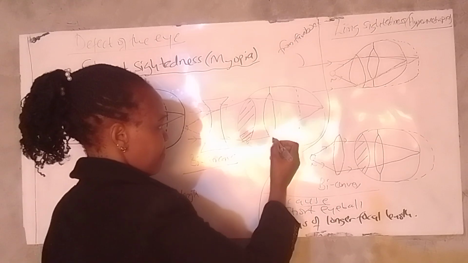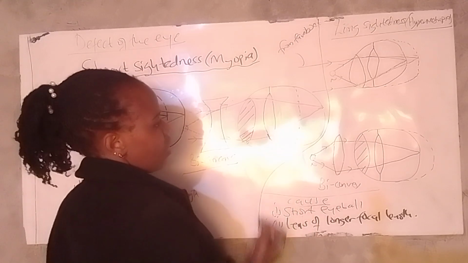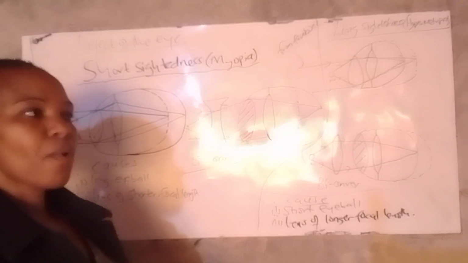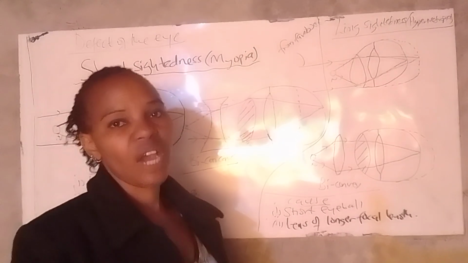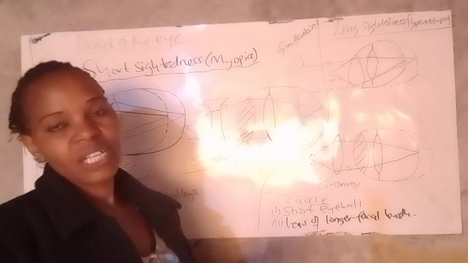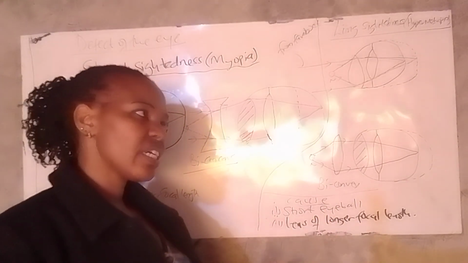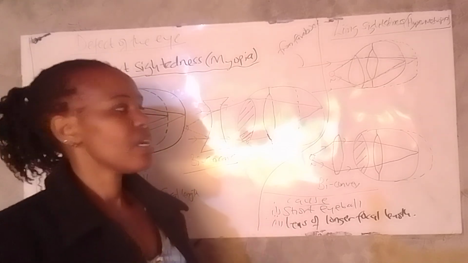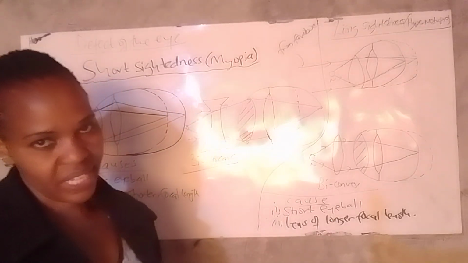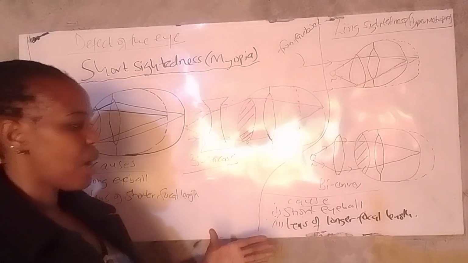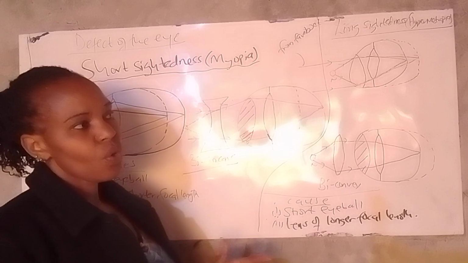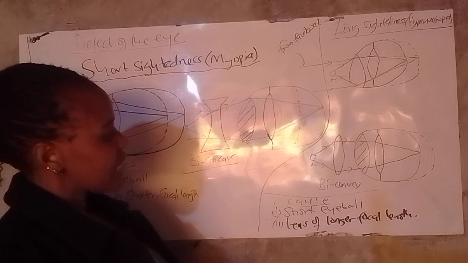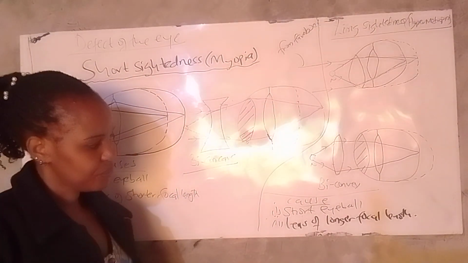Either the eye lens has a very short focal length or the lens has a very long focal length compared to the focal length of an eye which has no defect. So either way, whether the focal length is long or short, or the eyeball is longer or shorter, we are going to have these defects as long as we step out of that region of an ordinary eye with no defect. Okay, so that brings us to the end of our lesson.